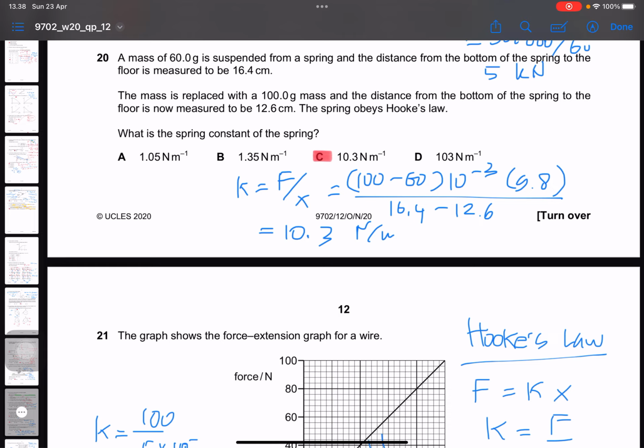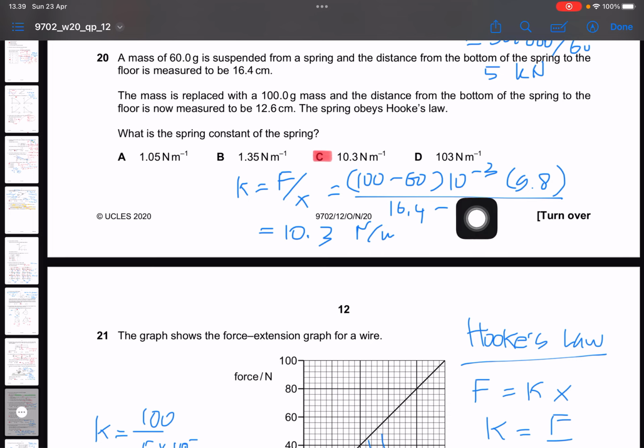This is about Hooke's law. Hooke's law is F equals Kx, so K equals F divided by x. But we have 100 grams of mass and then 60.0 grams suspended on the spring. So it is a subtraction between 100 and 60, and we need to convert into kilograms, so times 10 to the power negative 3.